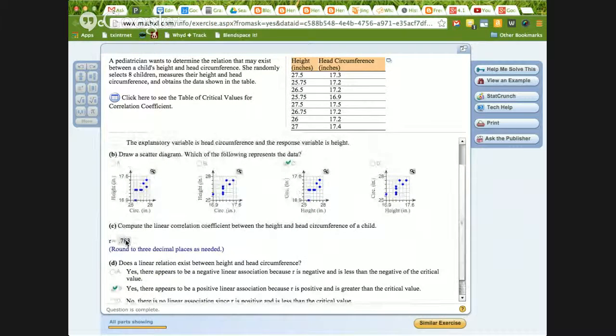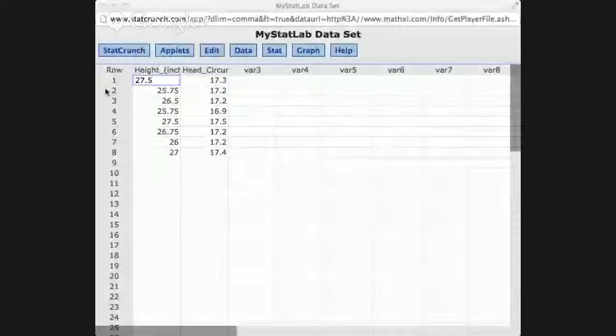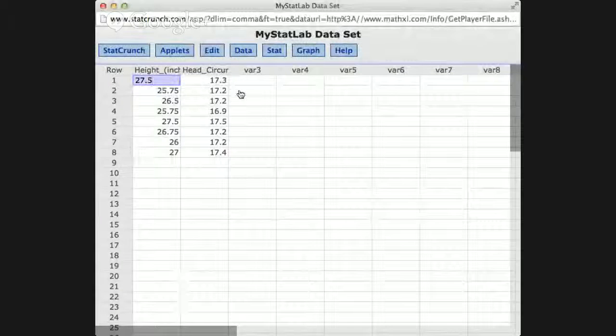So I just wanted to show you real quick in StatCrunch how you are able to get the correlation coefficient. So you just load up the data in StatCrunch. Okay, now you can see my StatCrunch window.